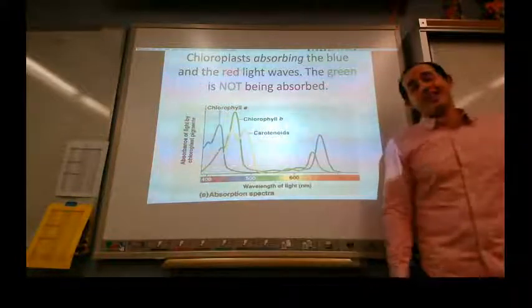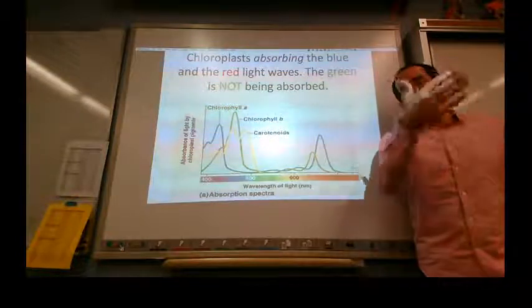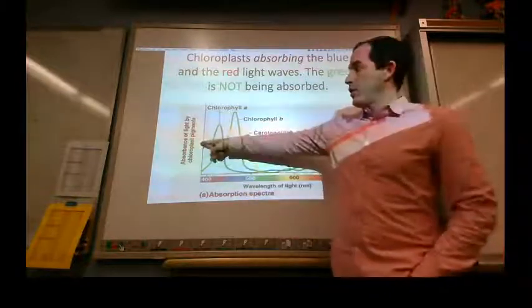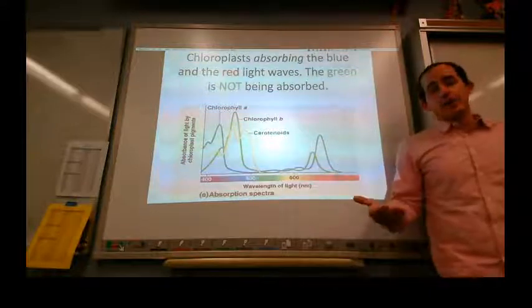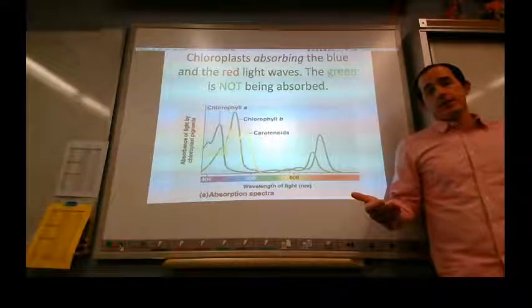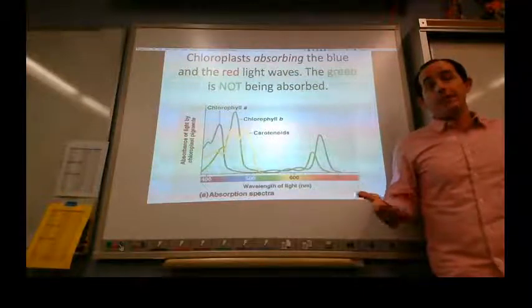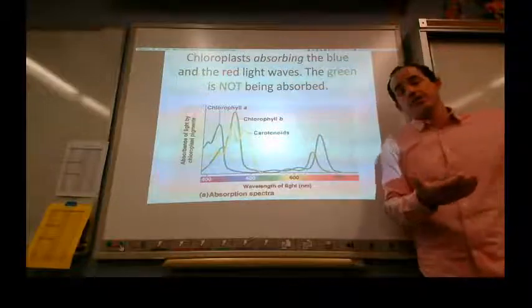So the idea is this: as we go from spring into summer into fall, chlorophyll A and chlorophyll B break down in the chloroplasts of plants. So what happens to leaves, especially on the plants and trees that we have around here?